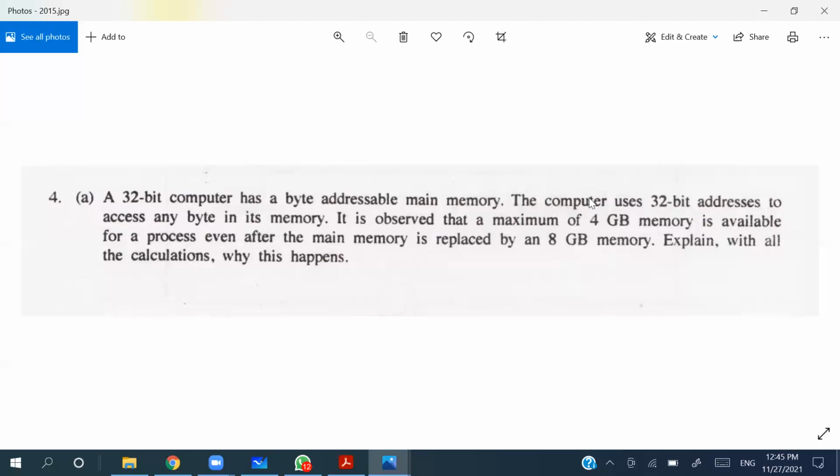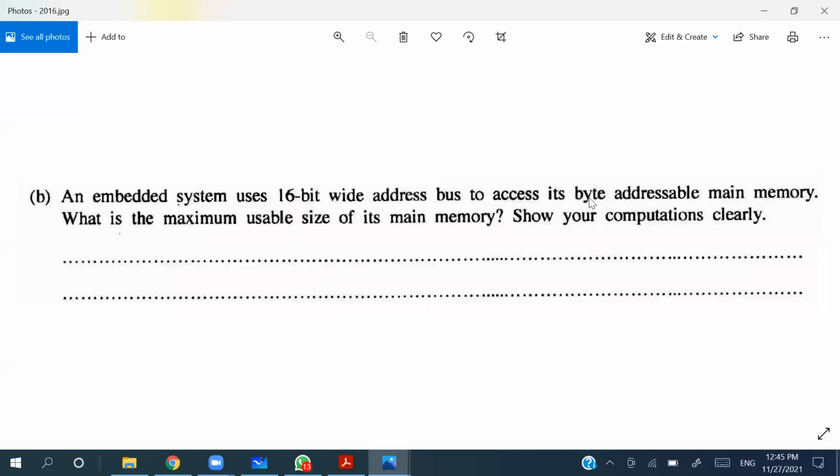So 2^16. Yeah, hold on. That's correct. 2^16 is correct, Lalindi. So good. Keep it up.